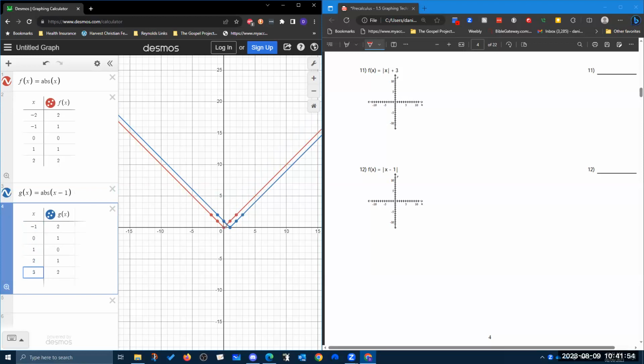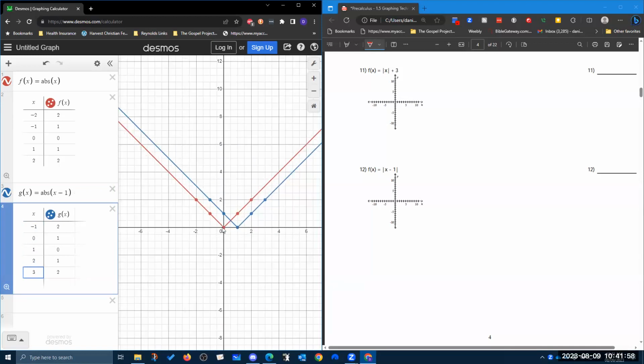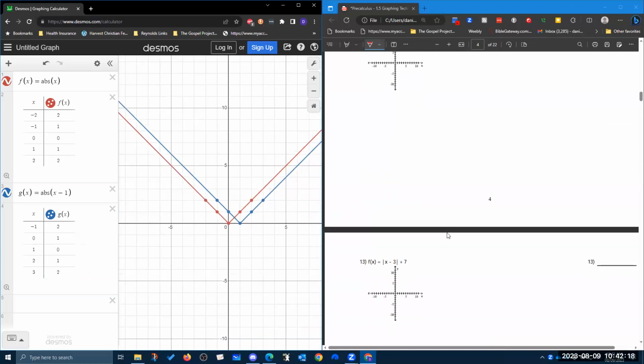And you're going to see, zoom in a little bit more, that this point here has shifted to the right 1. This point here has shifted to the right 1. This point here has shifted to the right 1. This point here has shifted to the right 1. And this point here has shifted to the right 1. And the whole red graph has shifted to the right one to become the blue graph.